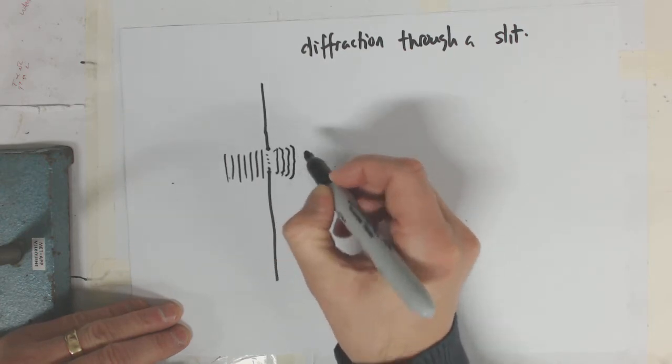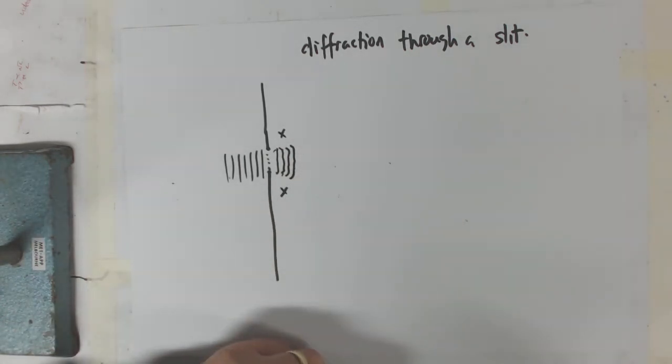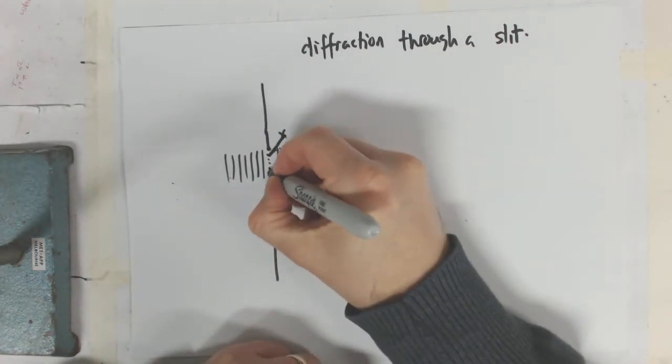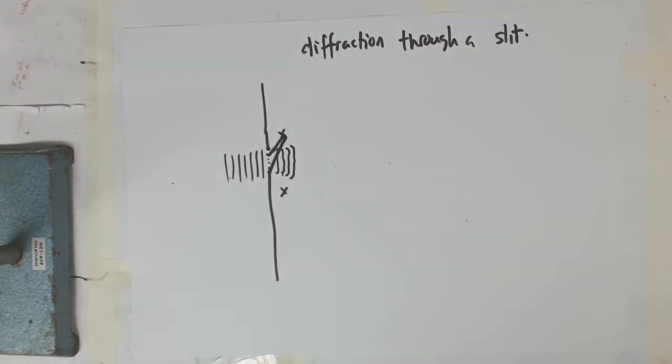So the question is, why over here do we not get the wave when we know that from this point here the wave will travel, from this point here we know the wave will travel? But this is the key, what I just drew there.